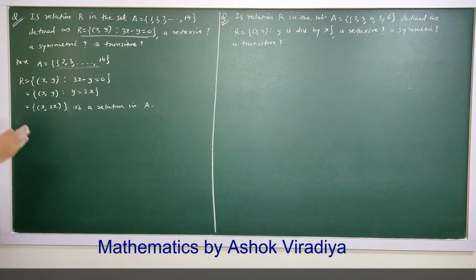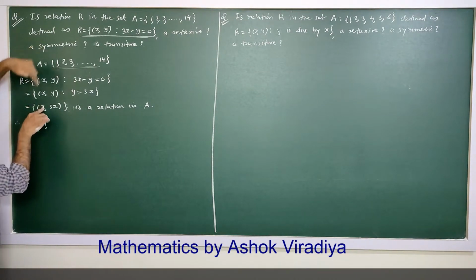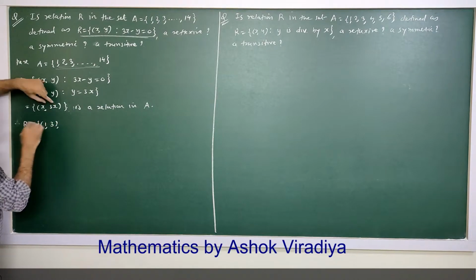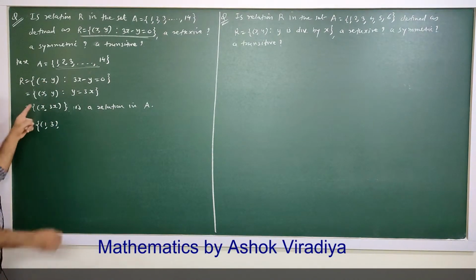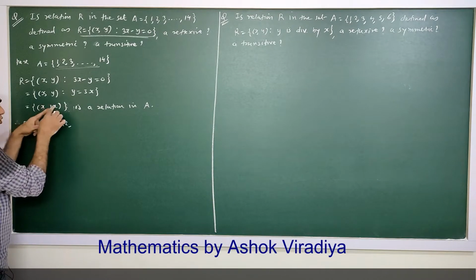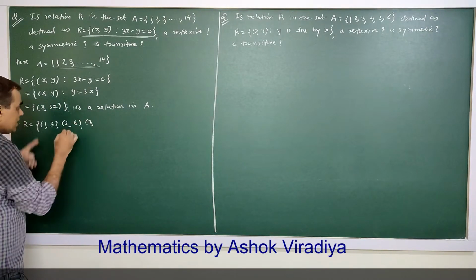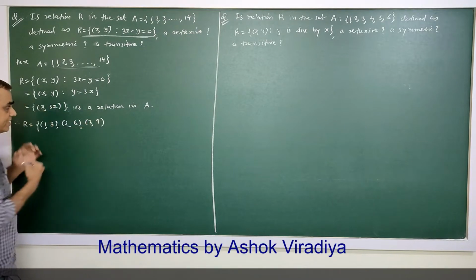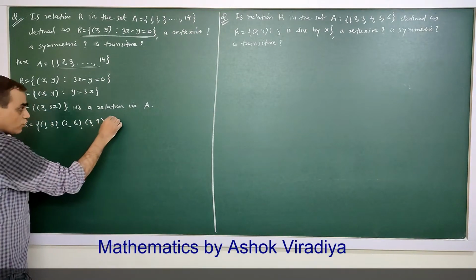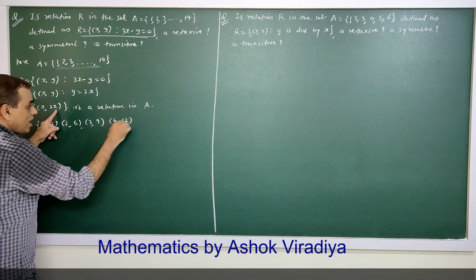Now let me list the elements. So R is equal to (x, 3x). If I take x equal to 1, this will be 3. If x equal to 2, this will be 6. If x equal to 3, this will be 9. If x is 4, this will be 12.